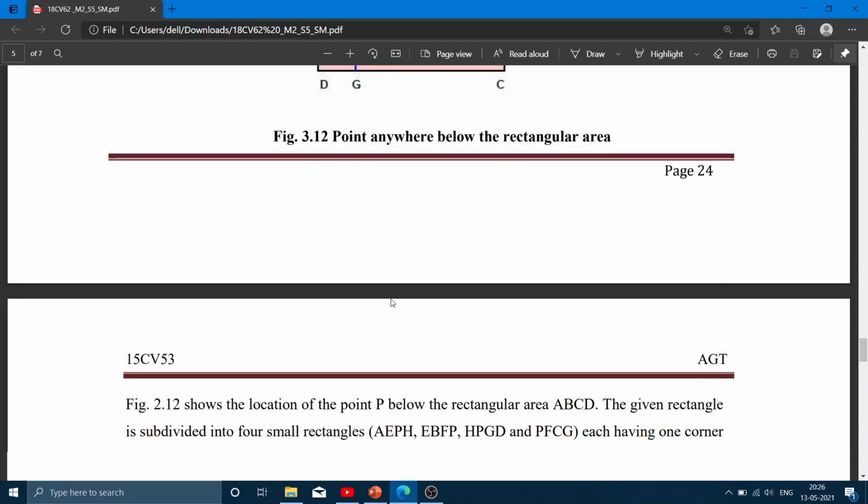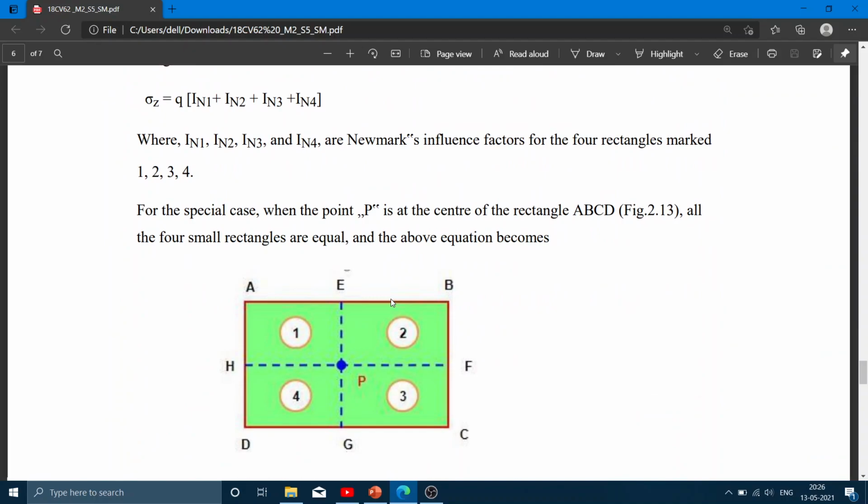Sigma z is equal to q into (In1 plus In2 plus In3 plus In4), where In1, In2, In3 and In4 are the influence factors for the 4 rectangles marked 1, 2, 3, 4.